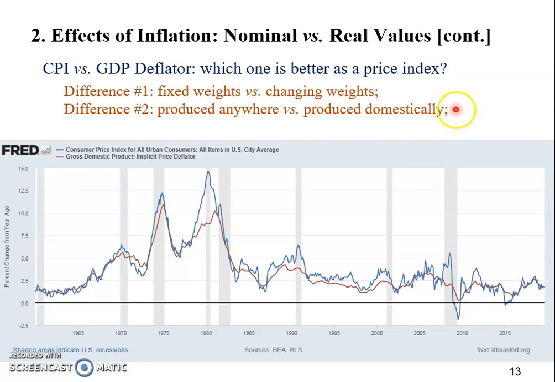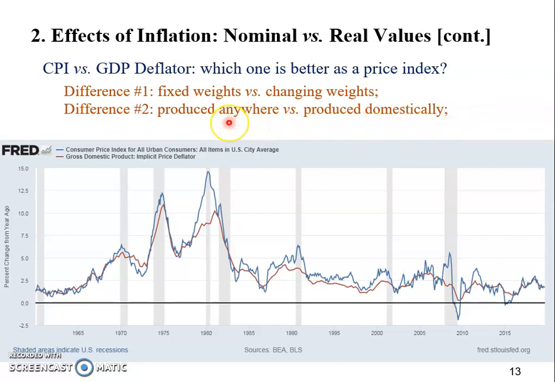Here I would like to bring to your attention that our discussion does not suggest that the GDP deflator must have a broader coverage than CPI, because in the GDP deflator we do cover other things besides consumption goods and services, right? We have government purchases, investment, and exports.